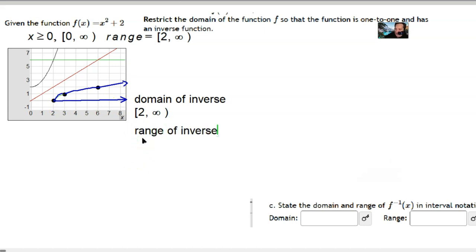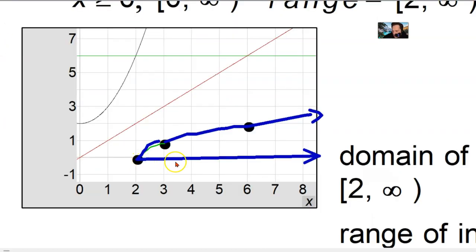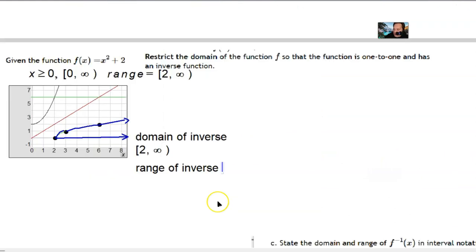Well, let's think about that for a second. For any x that you choose here, the y coordinate on the inverse is always positive, or it's 0. So the range of the inverse, let's write that down here, would be 0 through positive infinity.